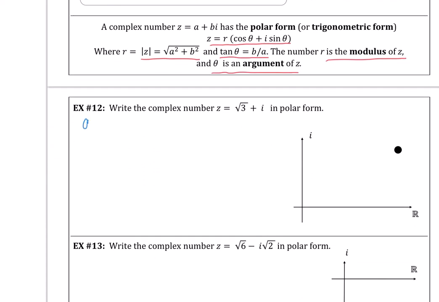So our a value is radical 3. Our b value is the imaginary part. That's 1i. Our r value is the square root of 3 squared plus 1 squared. So that's 3 plus 1 is 4. The square root of 4 is 2.